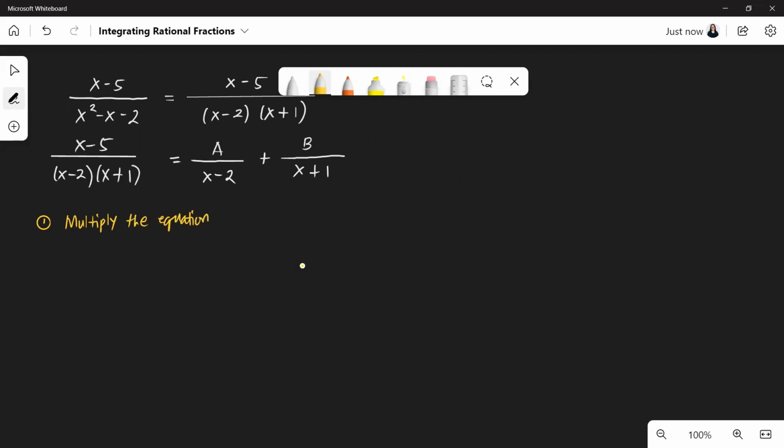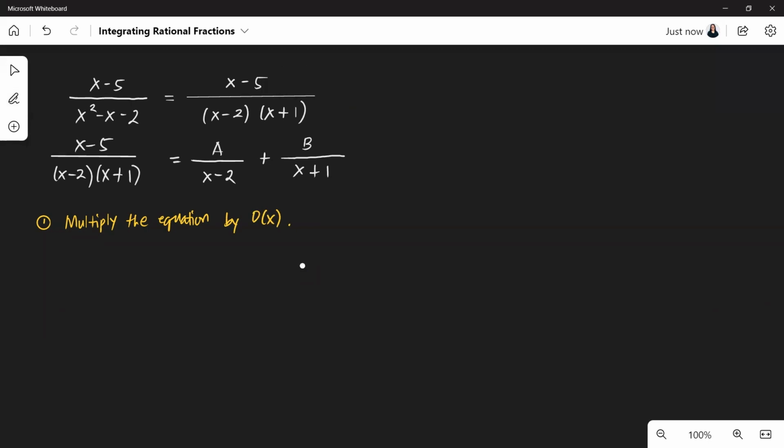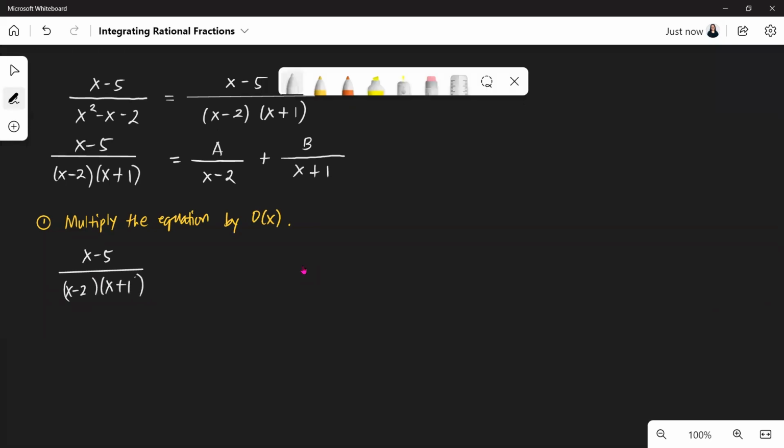The purpose is to express the left side and the right side as polynomials and not as fractions, so that we can easily solve for the values of A and B. So multiply the equation by the denominator D of x, meaning we multiply the left side with x minus 2 times x plus 1.